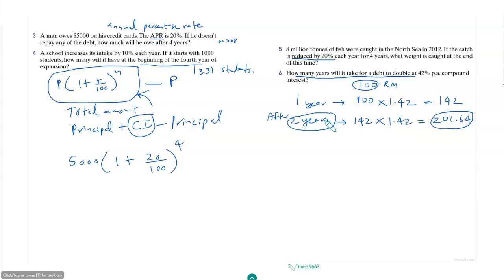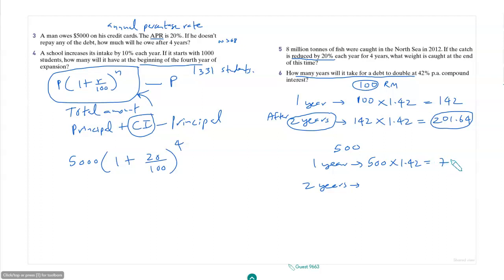Understood. Even if you have any other number in place of 100, let's say 500, can you calculate? After 1 year it will be 500 times 1.42. How much is that? 710.